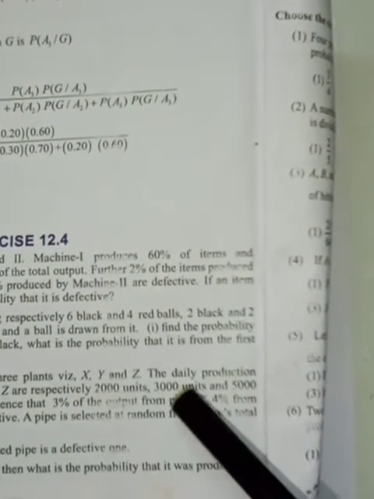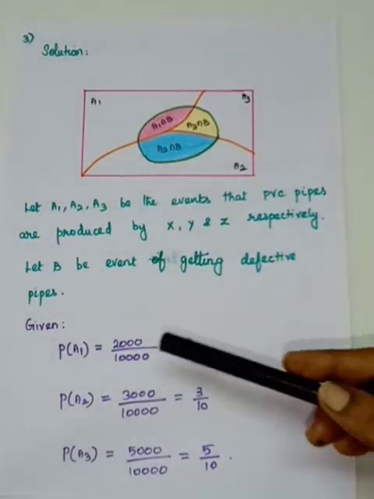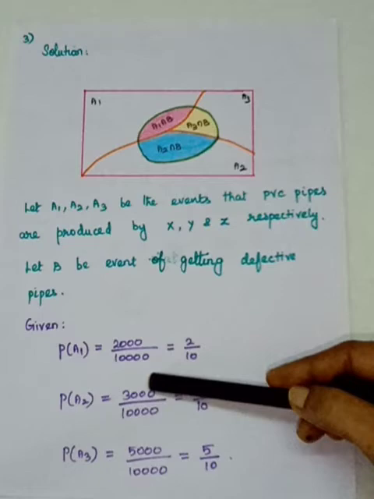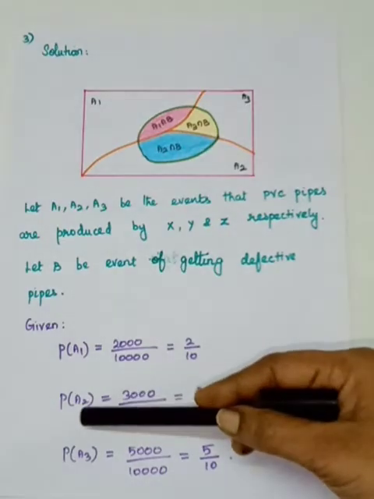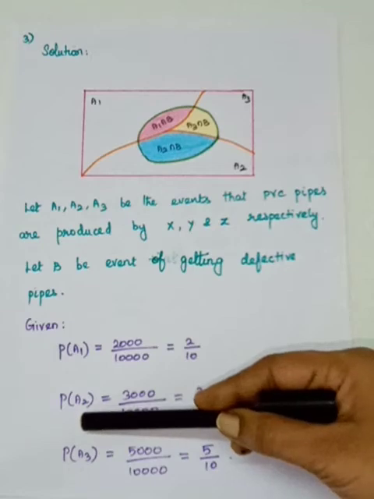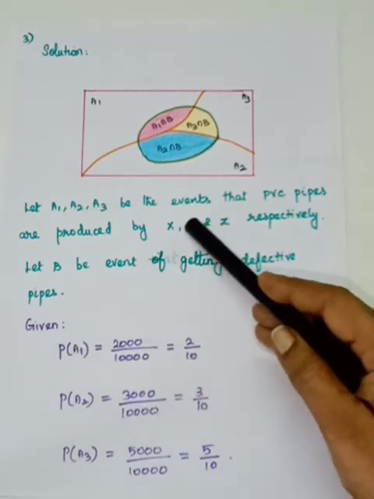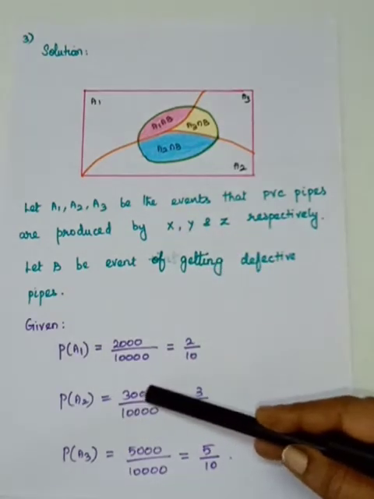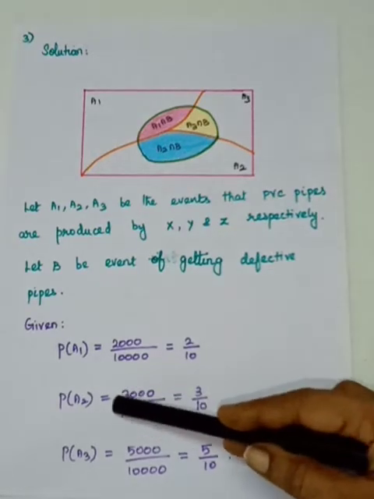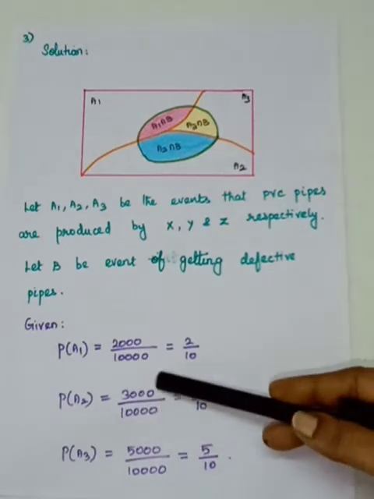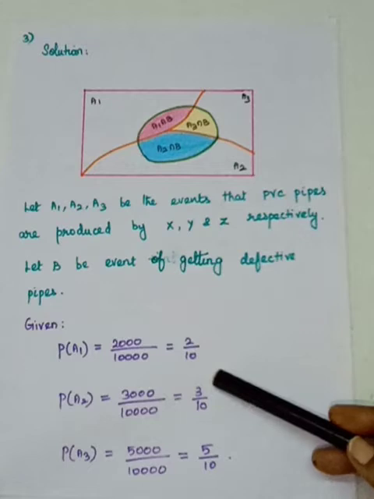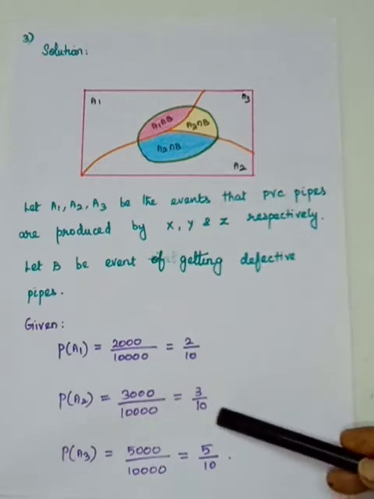So it is 2000 plus 3000 plus 5000, so it is 10,000. Therefore 2000 by 10,000. And P of A2, the probability of getting the event A2. A2 is what? The pipes are produced by plant Y. So it is given in the book, 3000. The total production is 10,000. So 3000 by 10,000. If you cancel, it is 3 by 10.